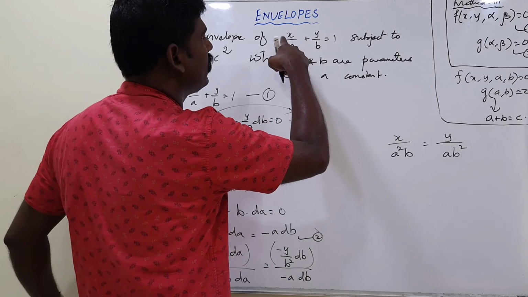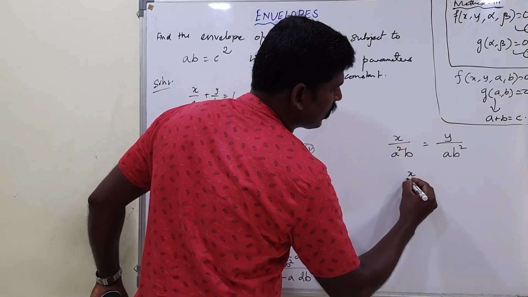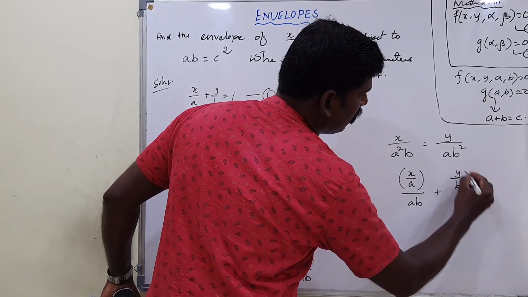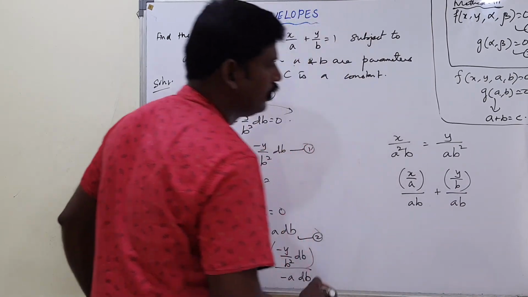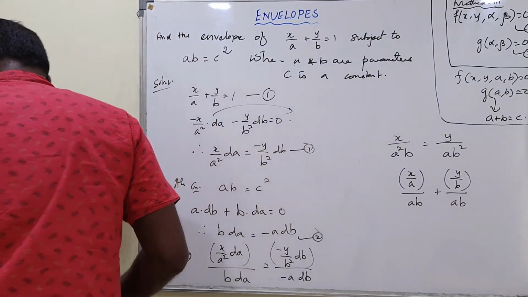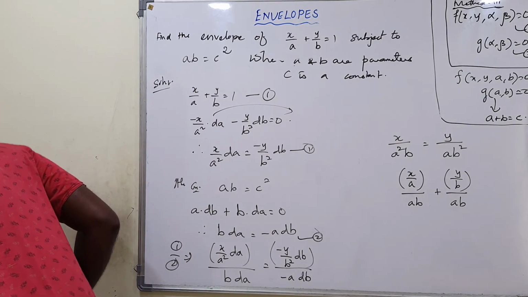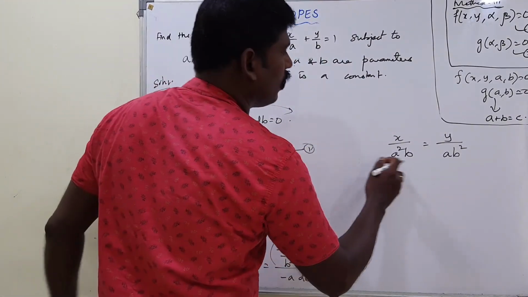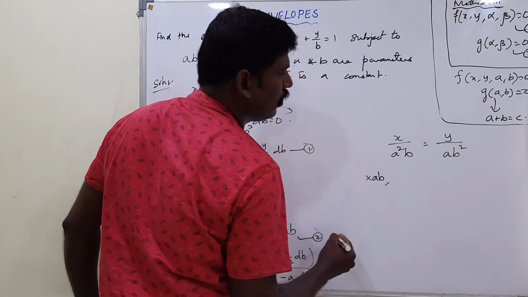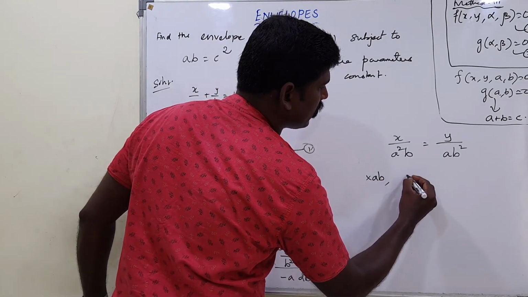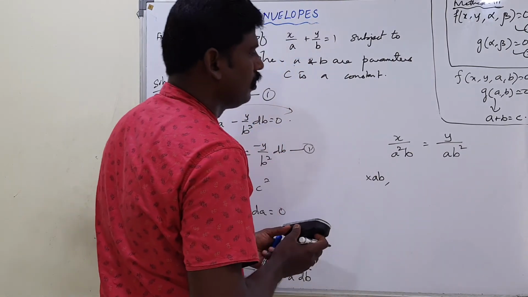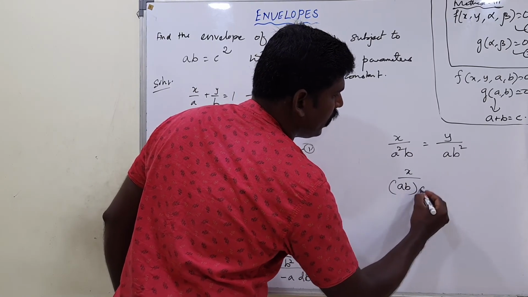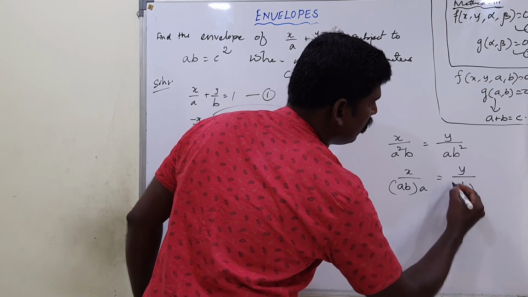Right? So what is the given equation? x/a + y/b. So make it into that form. Multiplying by ab, or otherwise taking ab as common, x / (ab·a) equals y / (ab·b).